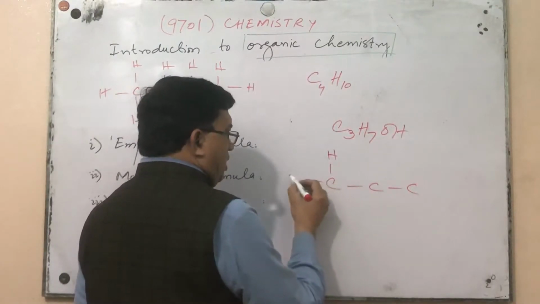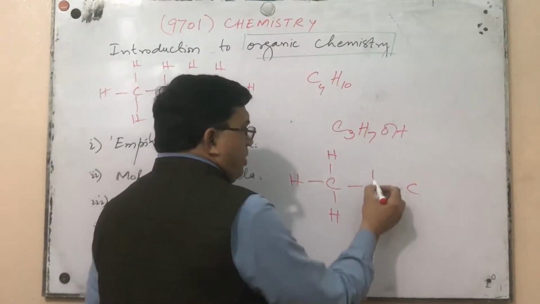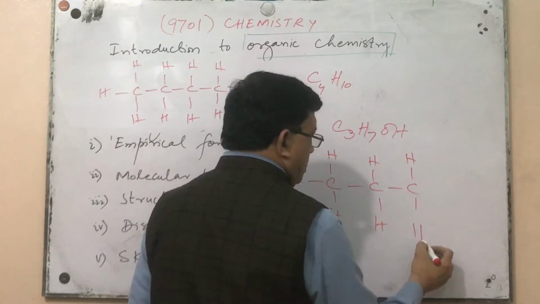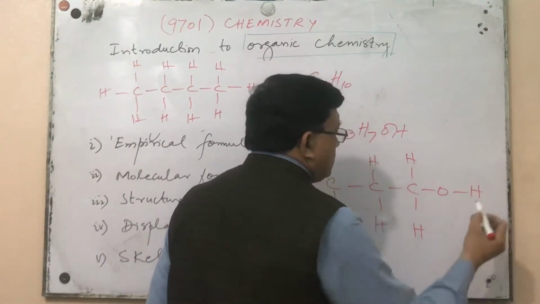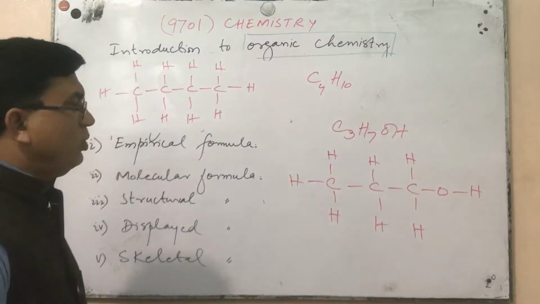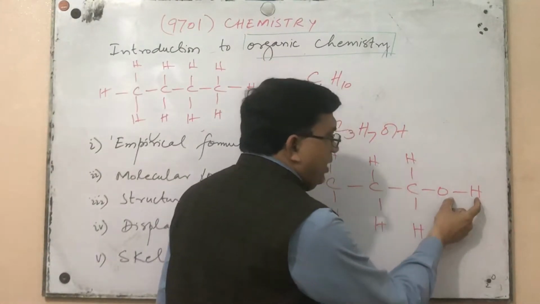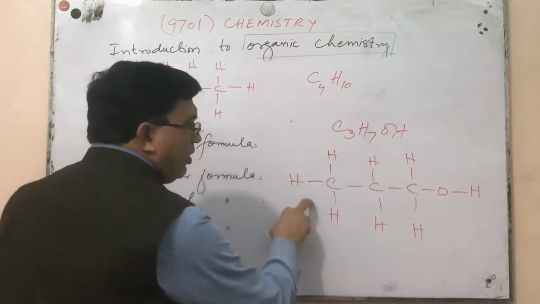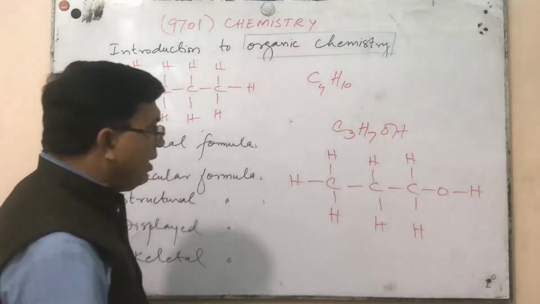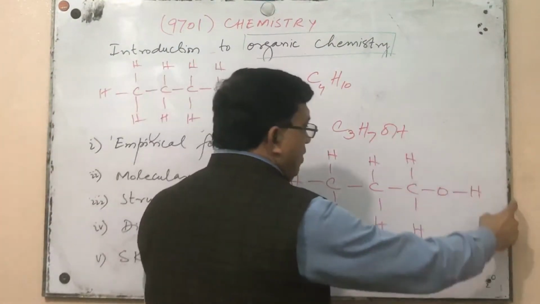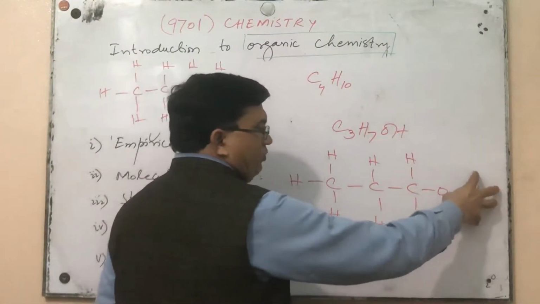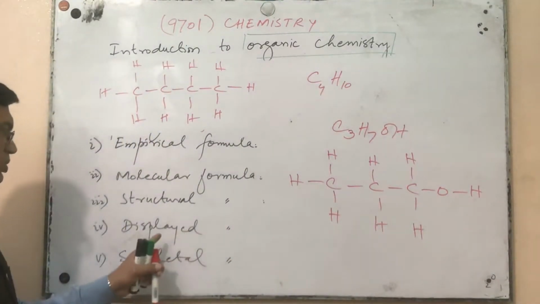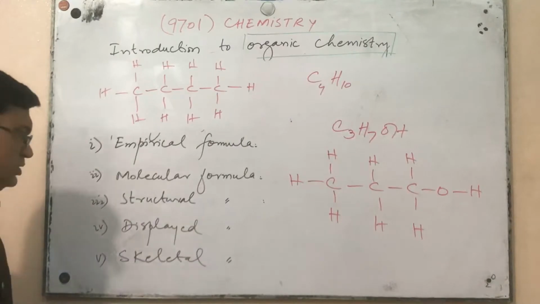Then all valencies of carbon are satisfied by hydrogen, and then one valency is represented as the OH group. But if I represent OH in combined form here, then the displayed formula will be considered incorrect. In the case of a displayed formula, we have to represent all the bonds separately.